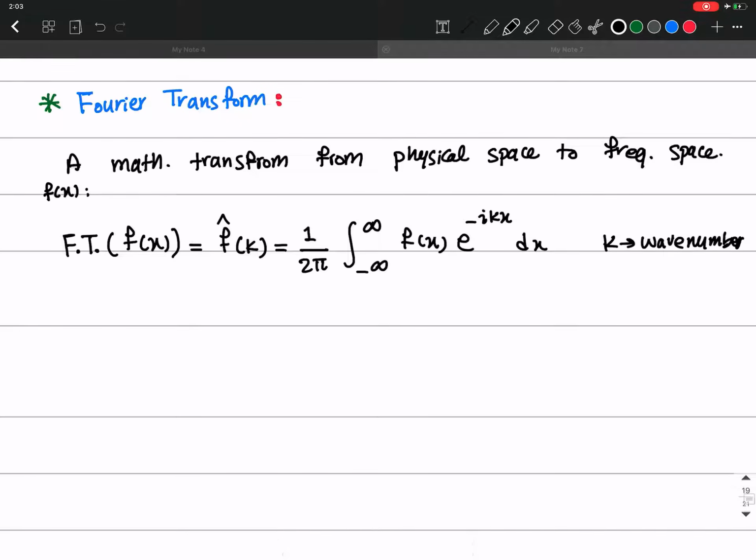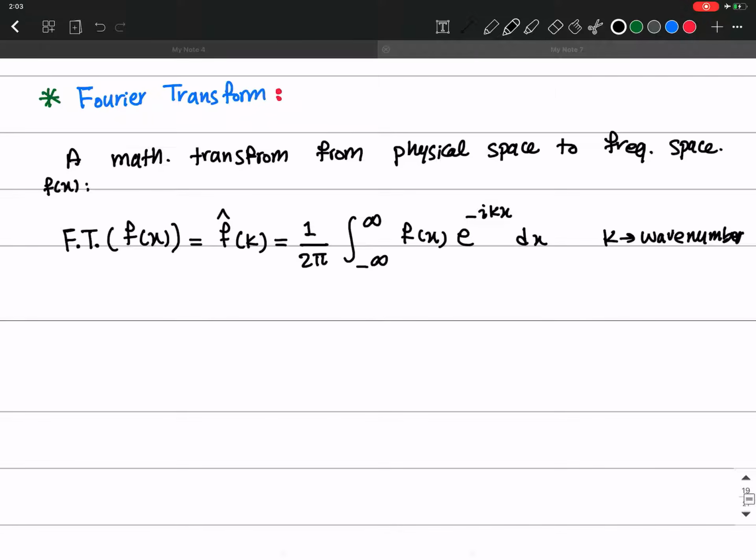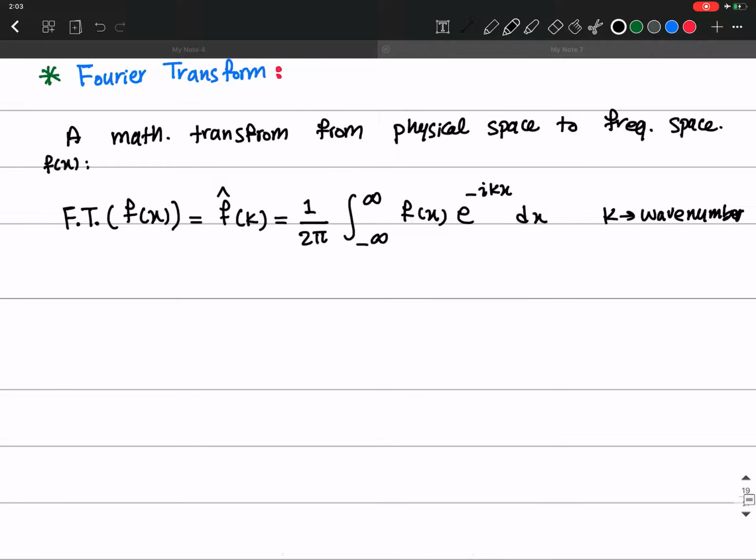So then we can also reconstruct the original signal from this function in Fourier space by doing an inverse transform. So we define an inverse Fourier transform as this.